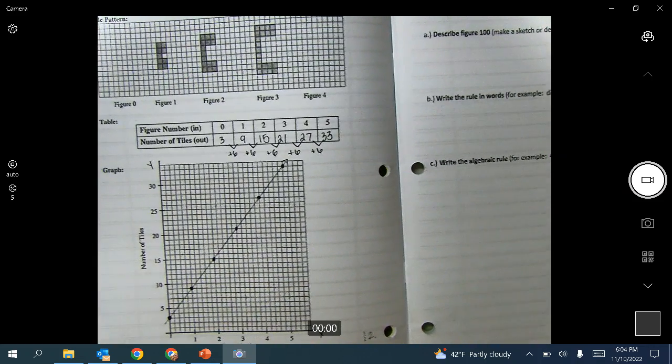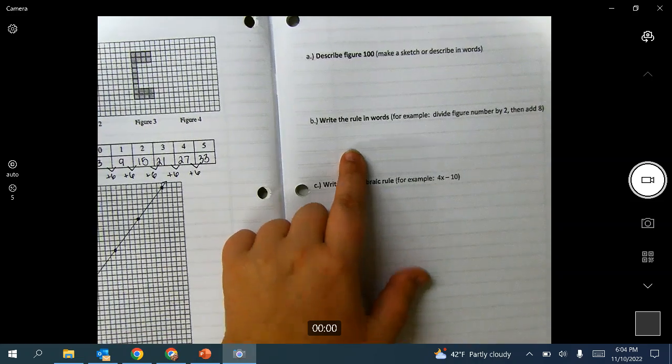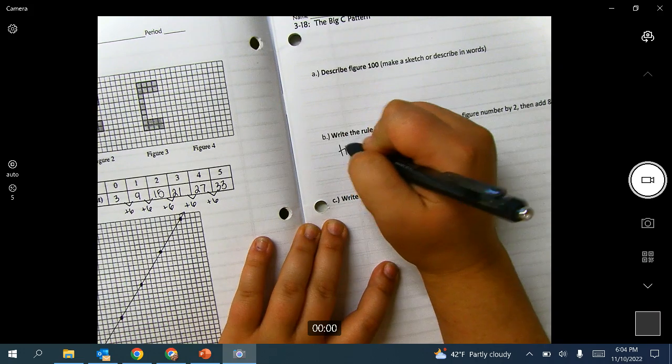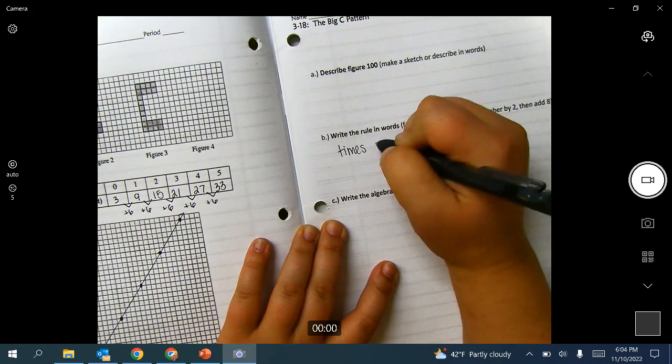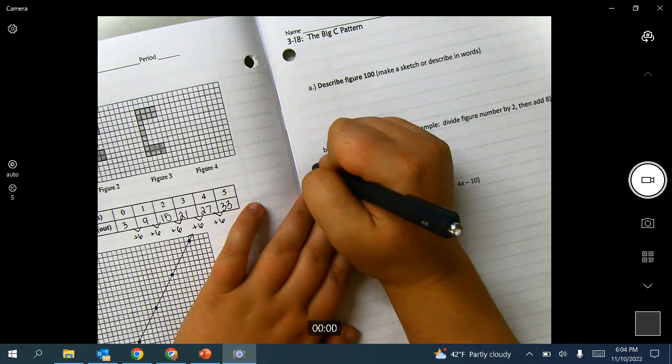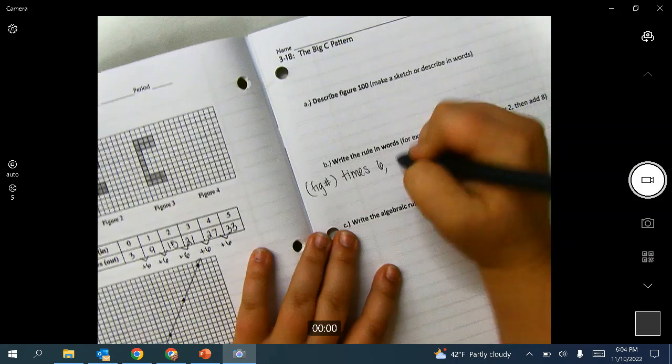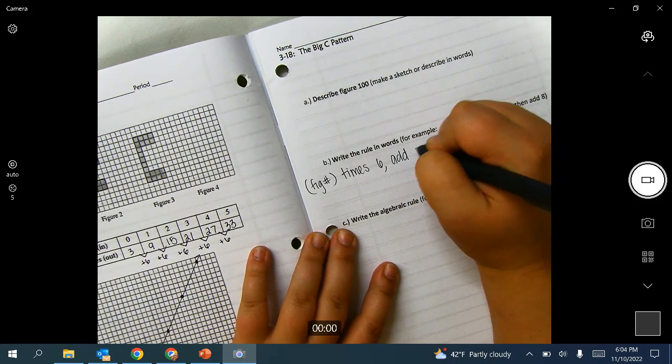So my rule, going down to B over here on this side, is times 6. Our figure number times 6, and then add 3.